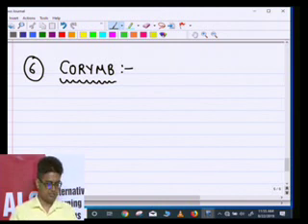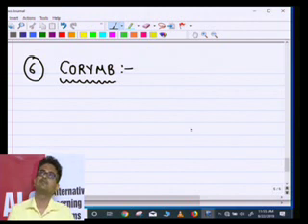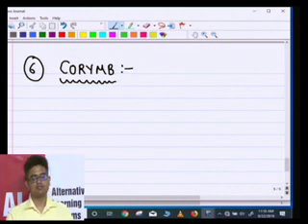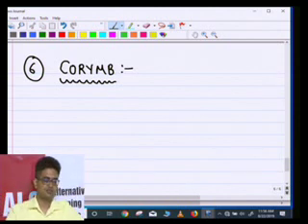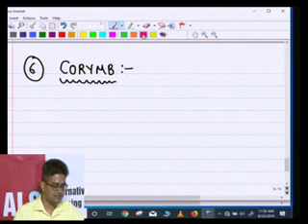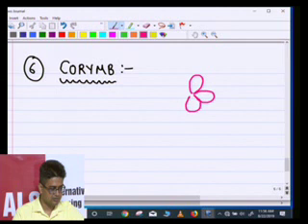Corymb inflorescence is a special type of inflorescence. Right now there are some flowers called Malti. There is a long vine of flowers that spreads over a huge area and bears pink white flowers, like this. I'll draw the diagram, maybe some of you remember it. There are 5 petals.